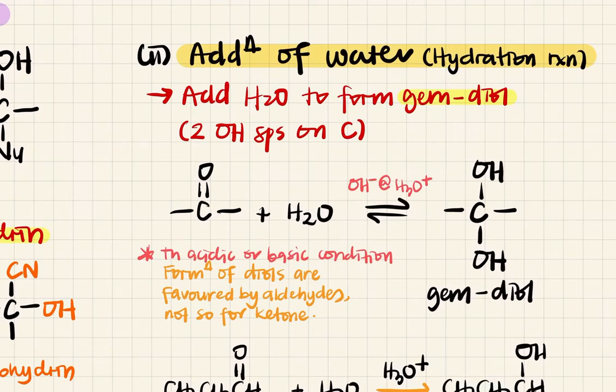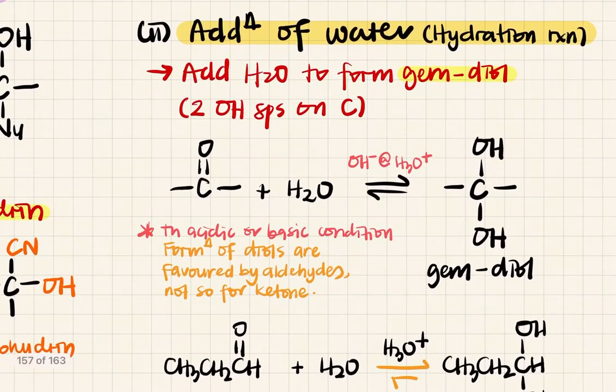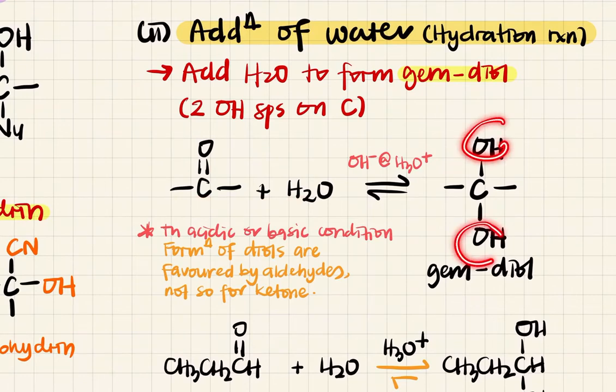Basically yang ni dia punya mechanism, I'm not so sure, but I think OH minus will attack here, and you will get the H daripada H2O juga sebenarnya. This one will go here, macam tu. Alright, that's how you get gem-diol.